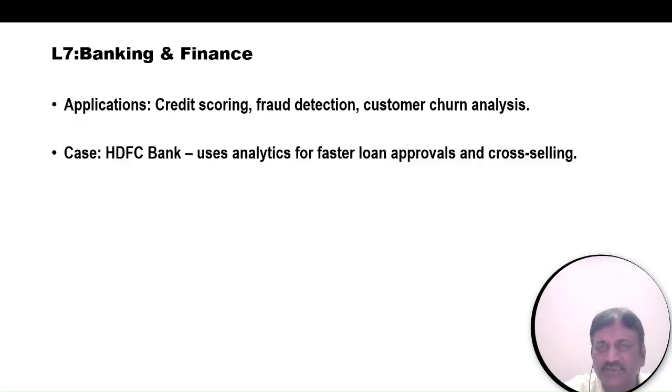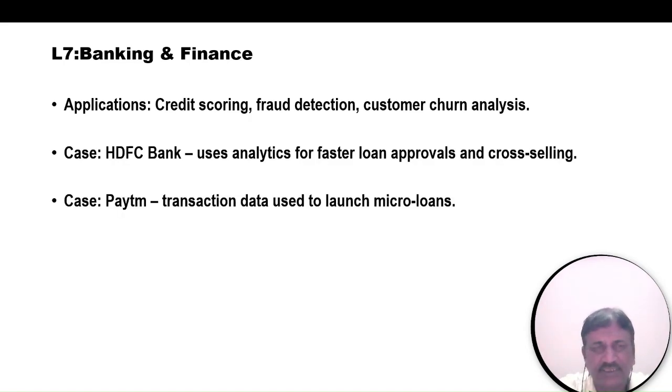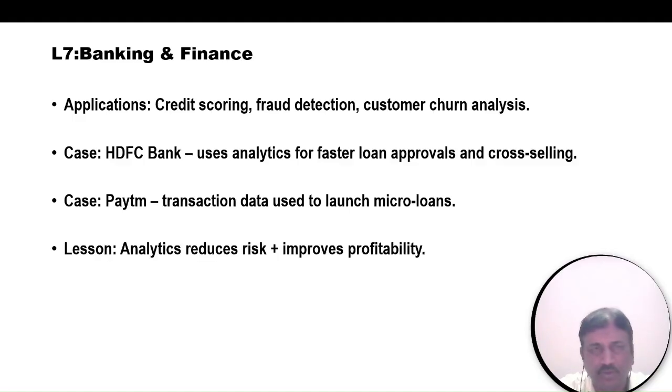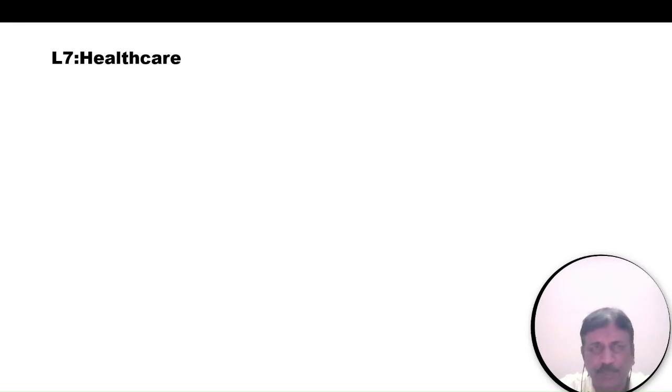This churn analysis is useful. The cases: HDFC Bank uses analytics for faster loan approvals and cross selling. Paytm transaction data is used to launch micro loans. Lesson: analytics reduces risk and improves profitability.